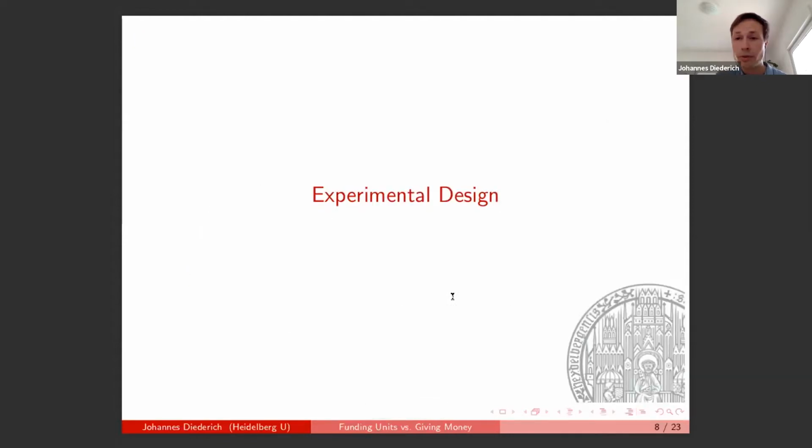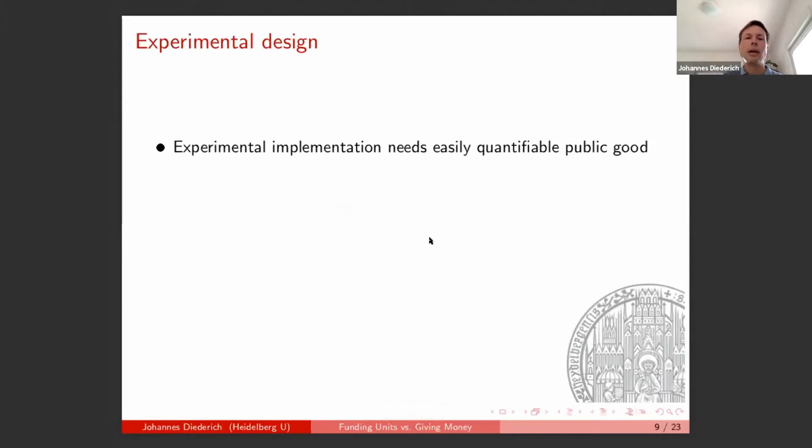So let me give you a flavor of the experimental design. A very simple experiment. What we mainly need for running such a donation experiment is a charitable service or public good that is easily quantifiable, that you could easily put into units, right?